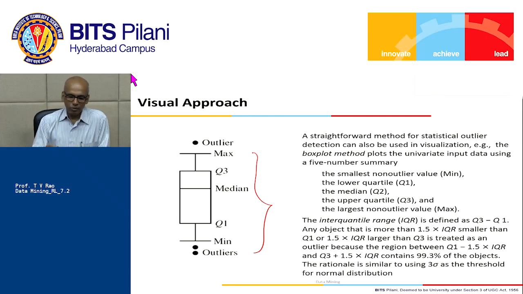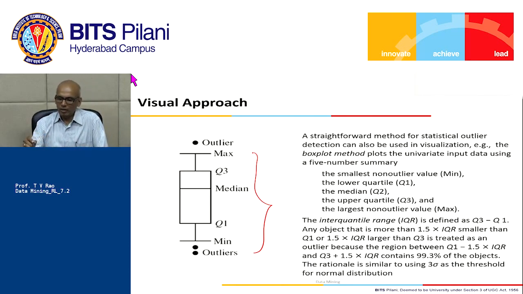So here we are again depending on the same principle. We have used the quartiles, that is the median and then the third quartile and the first quartile, to represent the range where the significant density should be. And we have provided these points, which are the max and min, coming from Q1 minus 1.5 times IQR and Q3 plus 1.5 times IQR.